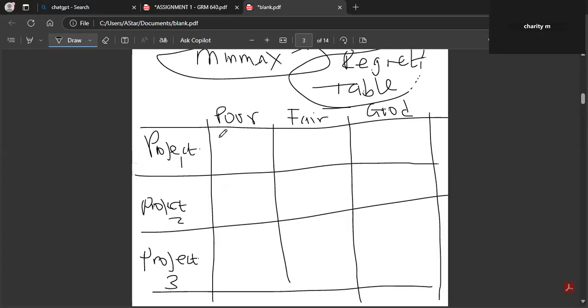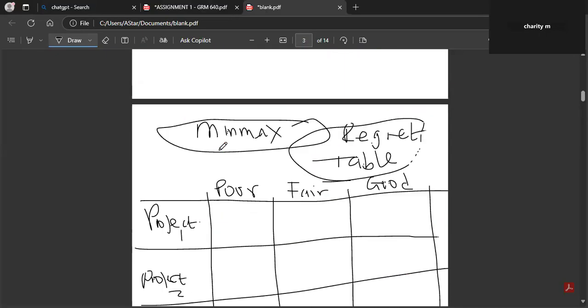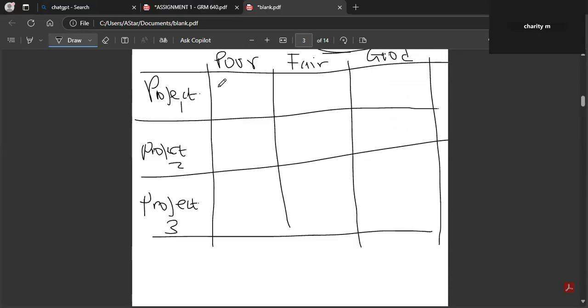For project 1, the largest value is 90. So 90 minus 20 is 70. 90 minus 50 is 40. Then 90 minus 90 is 0.